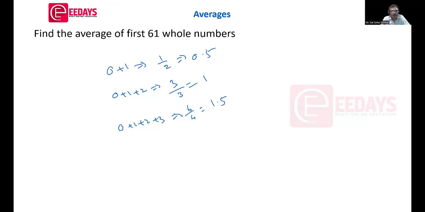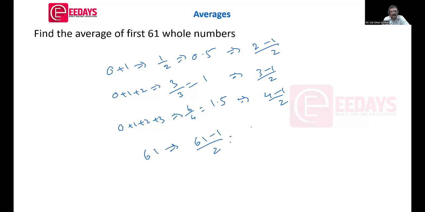If you observe 2, 0.5; 3, 1; so this is equal to (2 minus 1) by 2. This implies (3 minus 1) by 2. And what about this one? This is (4 minus 1) by 2. Here 61. Then what happened? (61 minus 1) by 2, that is equal to 30.